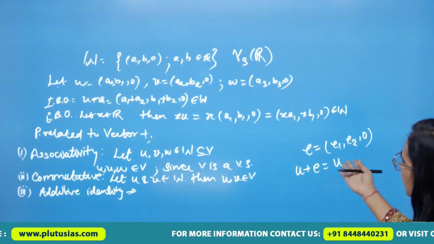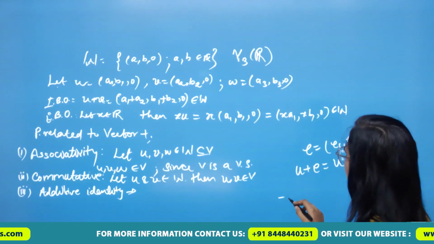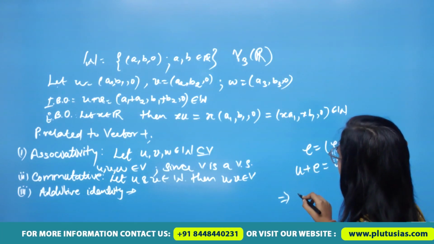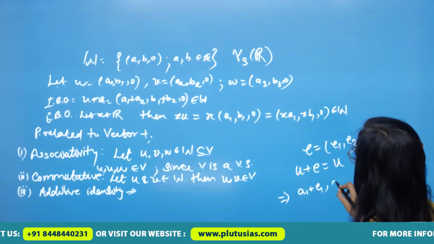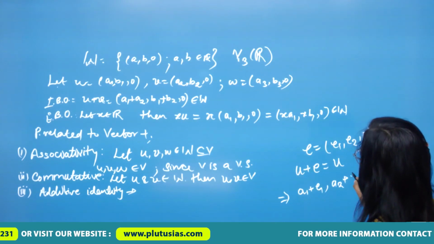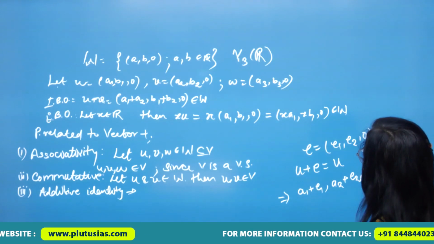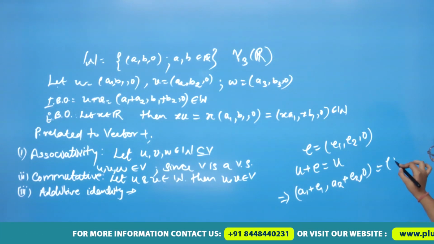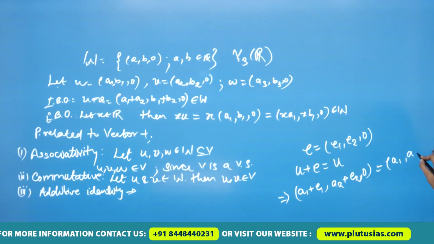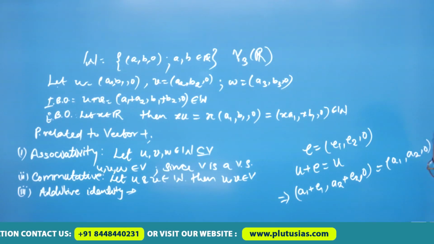So on the left side we will get (a1 plus e1, a2 plus e2, 0), and this should turn out to be u only, and u is (a1, a2, 0).